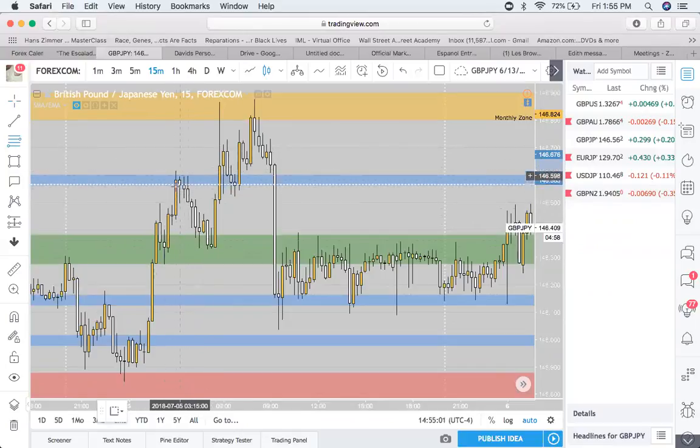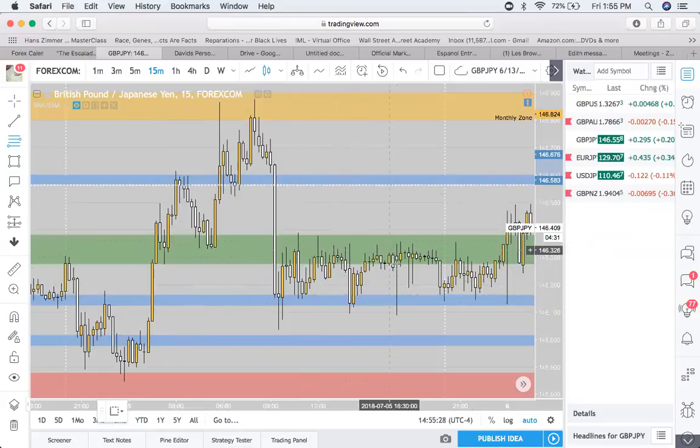The wicks on top pretty much show you exhaustion in the market. What exhaustion is, is that there's a lot of buying pressure being lost in the bullish market. So there's more selling pressure than there is buying pressure. Whenever you see a lot of wicks like this, there's going to be selling pressure happening.